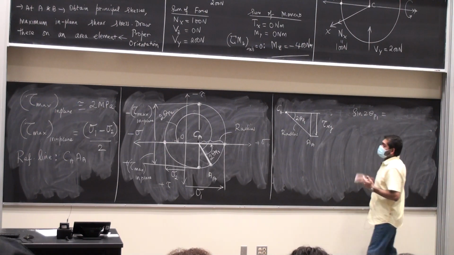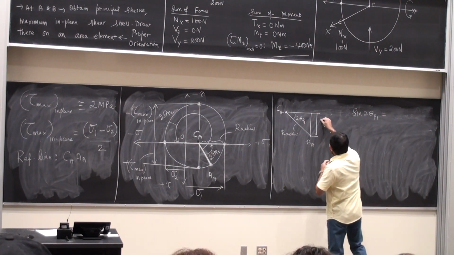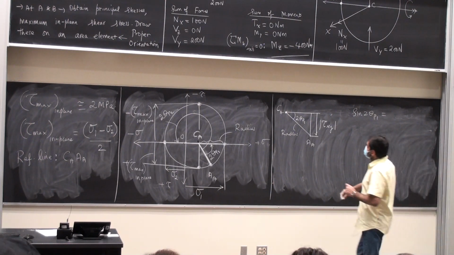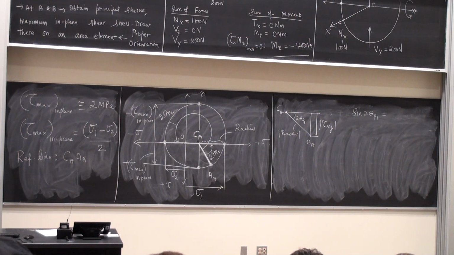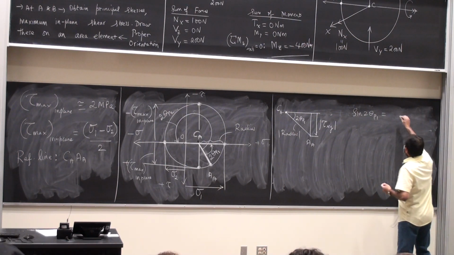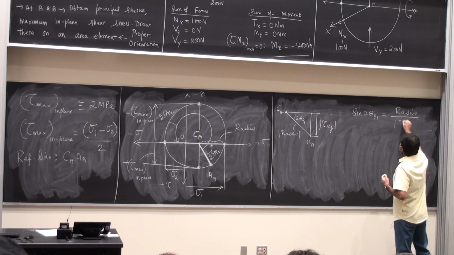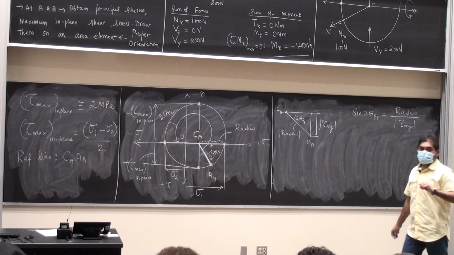Professor, is it going to be the magnitude of tau xy? Magnitude. Okay. 2 megapascals. Right. This is a radius, it's also distance, so all of them are distances. So sine 2 theta P1 is the radius by the magnitude. Right? It is possible tau xy might end up being negative, absolutely right.